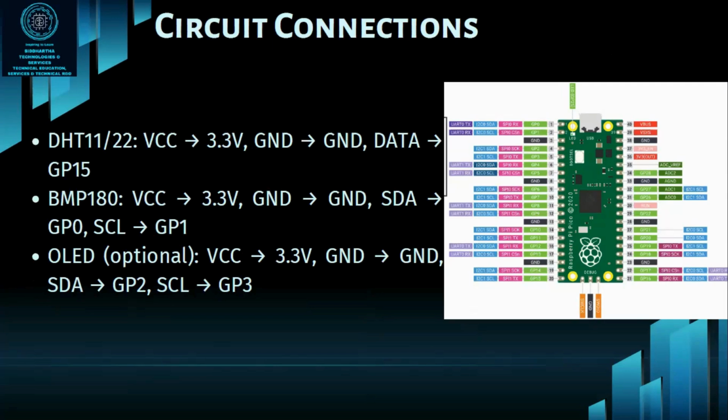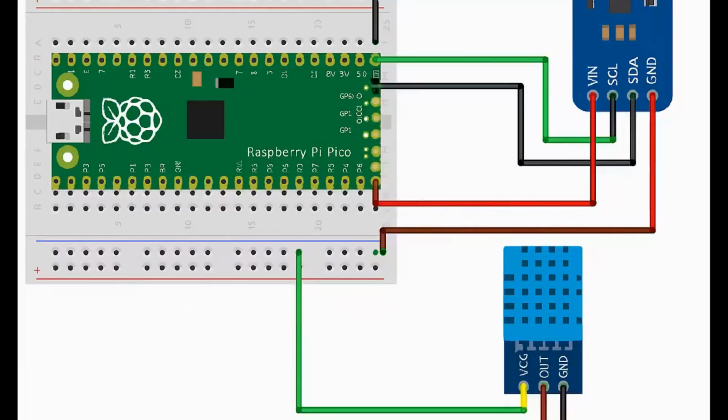Now on the right hand side, I have also given a small photograph where you will find the GPIO pins. That is the pin configuration of the Raspberry Pi, so that you can find it. This is a simple diagram I have made, not exactly the same, but it has the breadboard, Raspberry Pi Pico, pin number 15, and the GPIO pins 0 and 1.